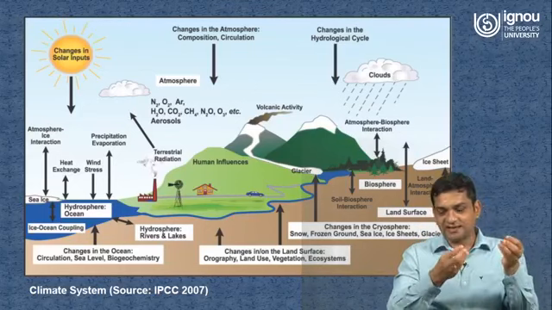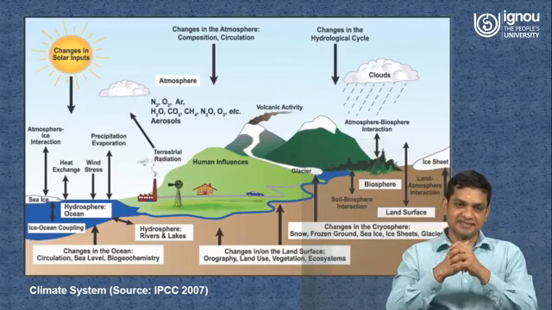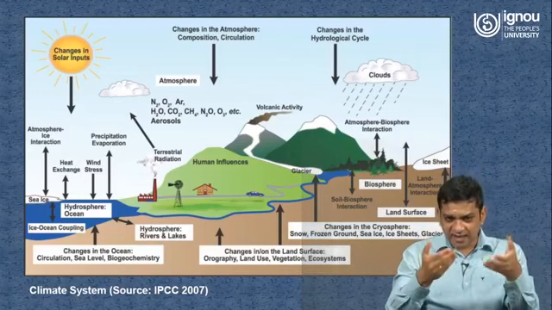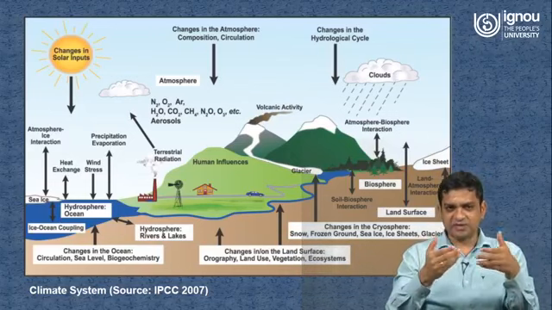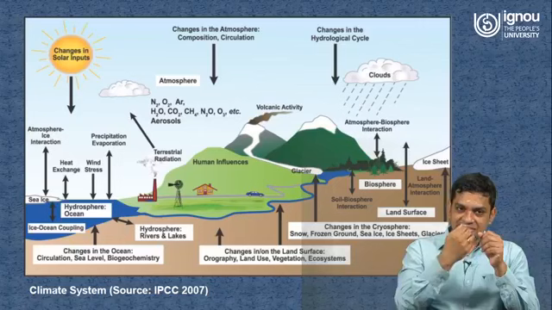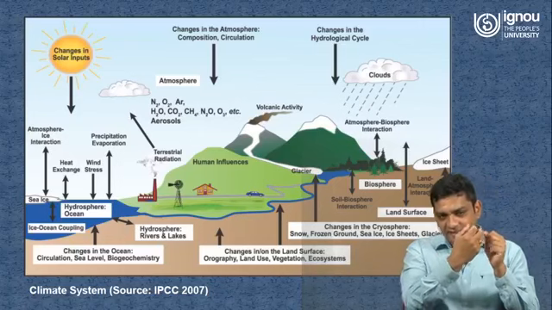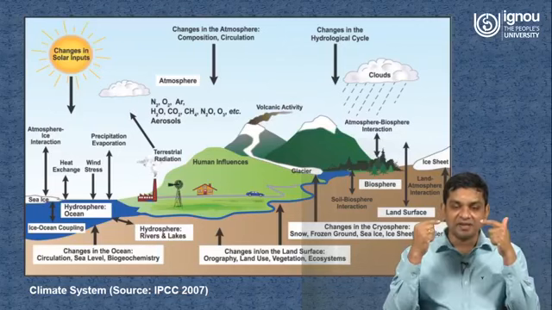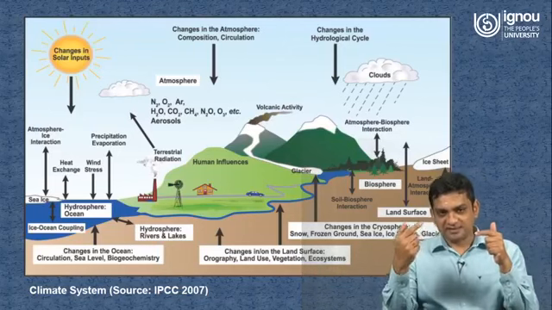And because of this melting process, a kind of positive feedback can happen, and that can augment the temperature increase. Because of melting of ice and glaciers, the albedo value will reduce, and in other words, the solar radiation coming from the sun will be absorbed. So that is a key link between the cryosphere and other components.